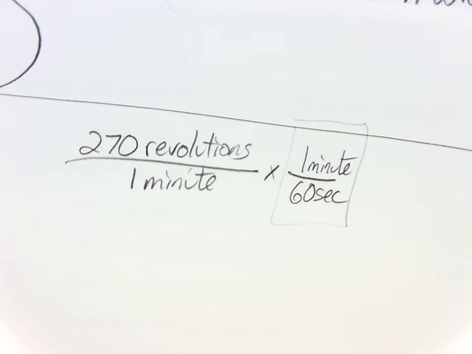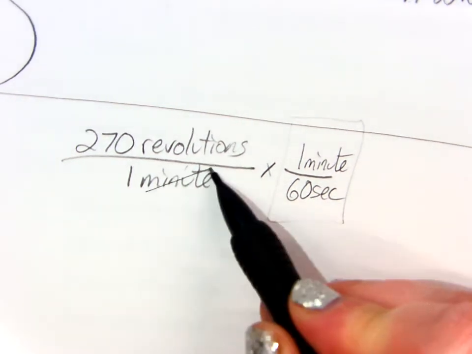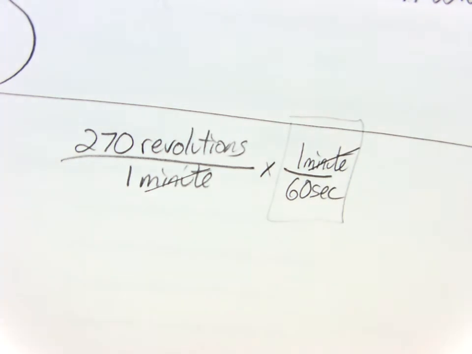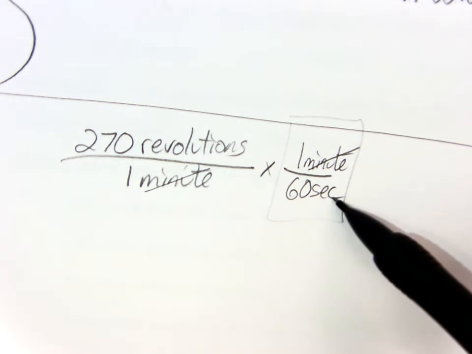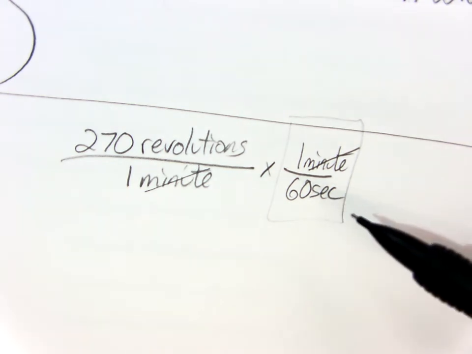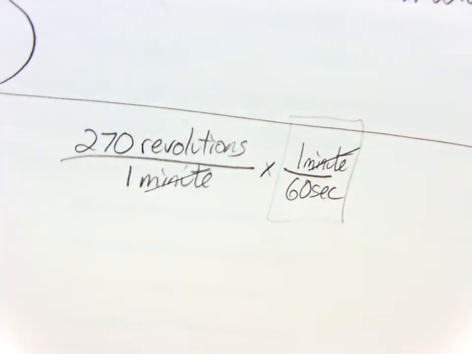So I'm not changing its value right here. But watch what happens, okay? Look what happens with the minutes. You have minutes on the bottom and minutes on the top that are going to cancel. So if I do this math, now I have revolutions per second. So I'm getting closer, right? Revolutions per second. Now, I don't want revolutions per second though. I want degrees per second.